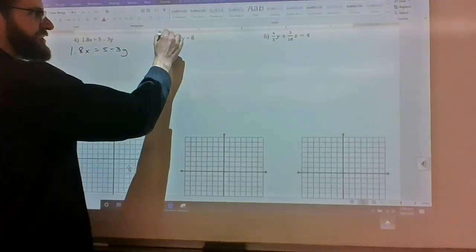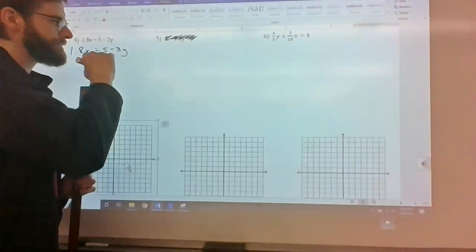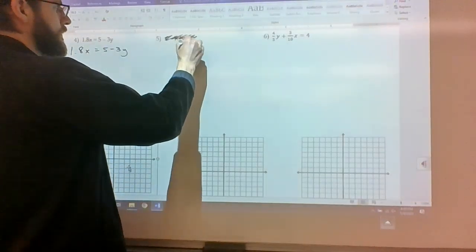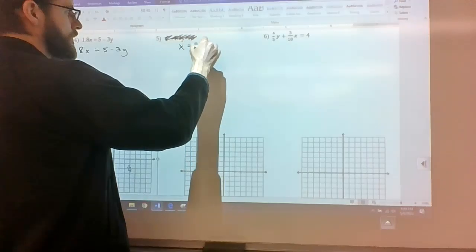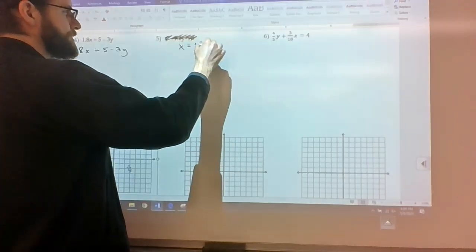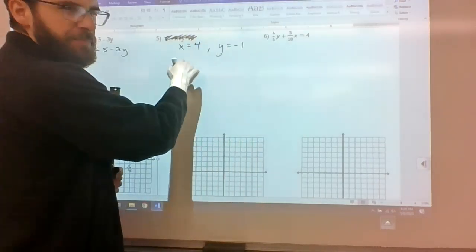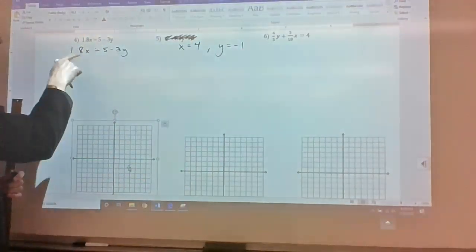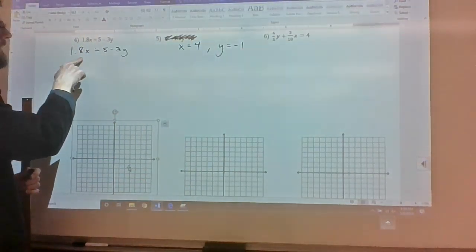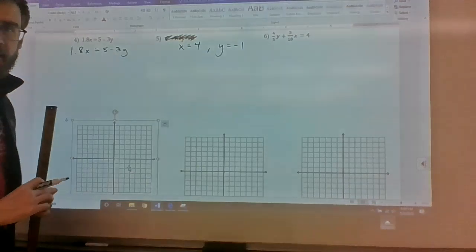And I'm actually going to change this second example. I'll explain myself later. But let's just focus on number 4 for a moment. 1.8x equals 5 minus 3y.